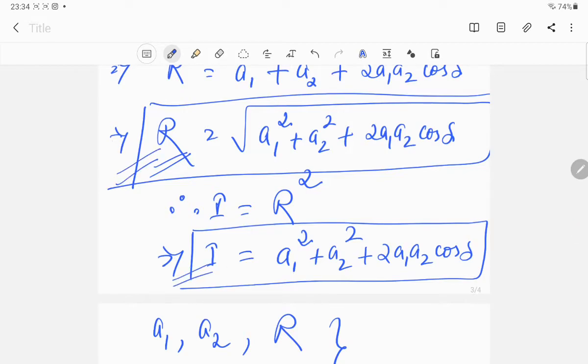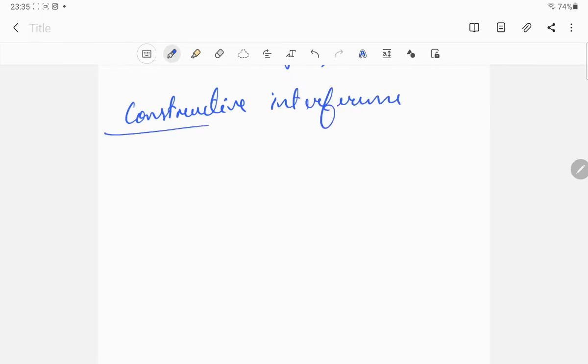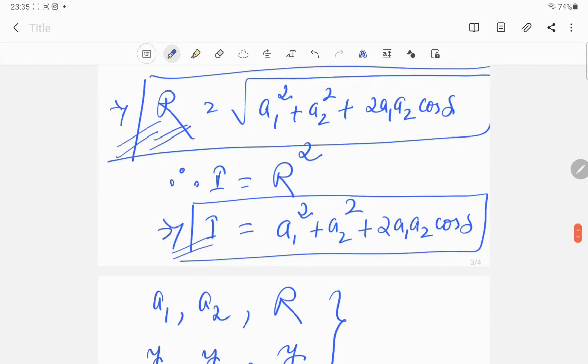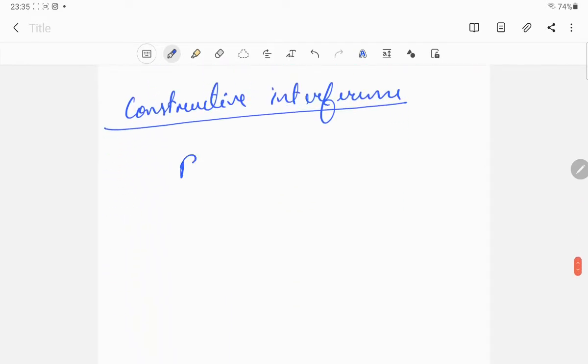Okay, so as per that we have got the formula for resultant amplitude and resultant intensity. Now we need to find out, as I told you, the conditions for, first of all, constructive interference. Okay, so here we need to take care of the intensity.